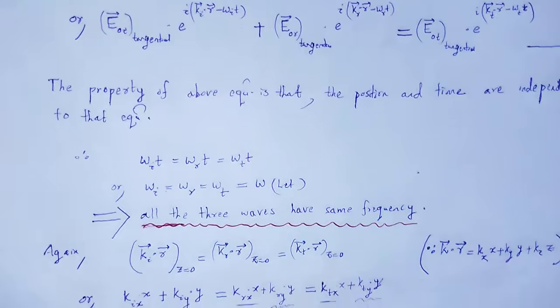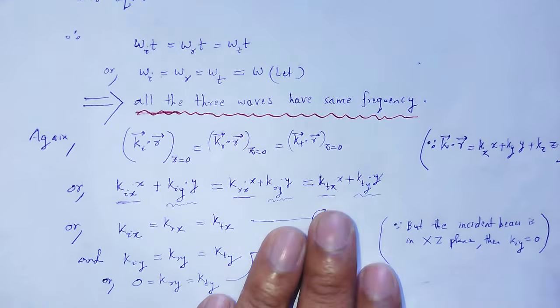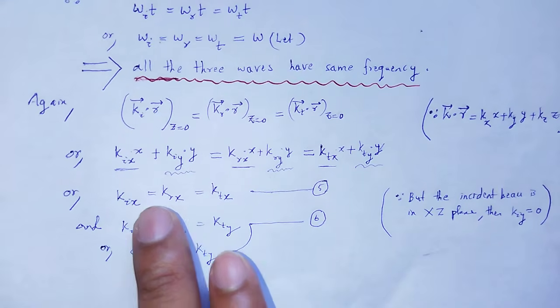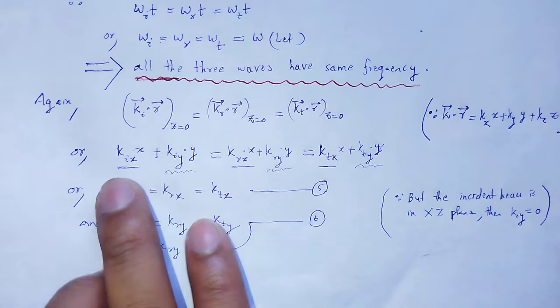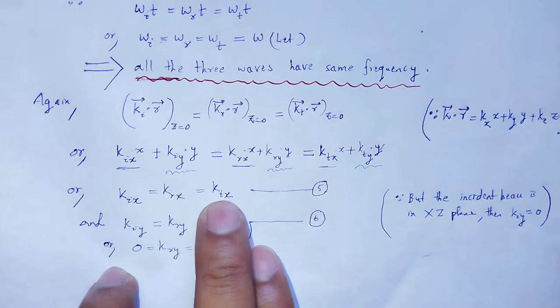Again, from equation number 5, kix is equal to ktx.